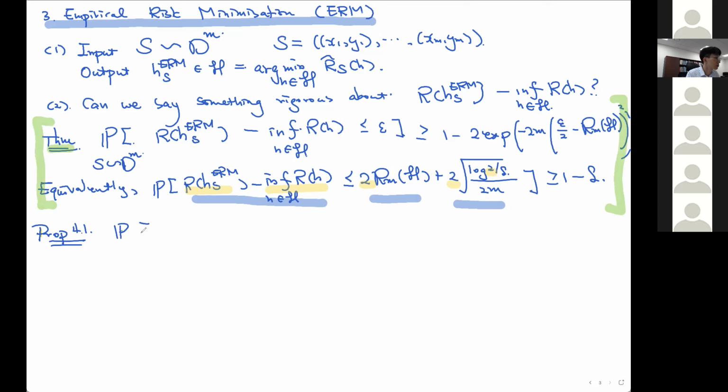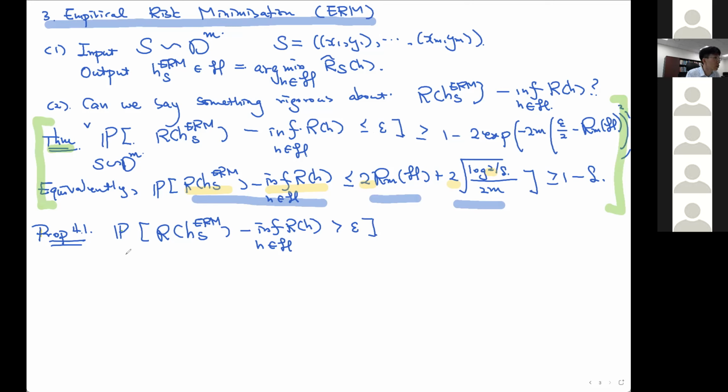The probability of the ERM solution and the infimum bounds is greater than epsilon. So we are thinking about the complement scenario of the statement mentioned in the theorem.